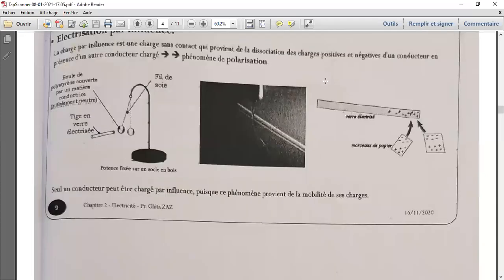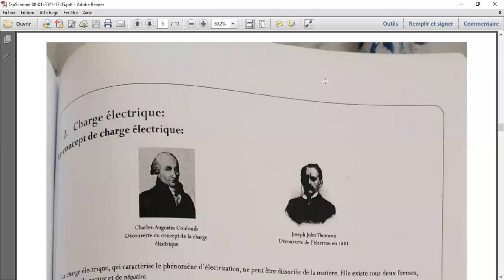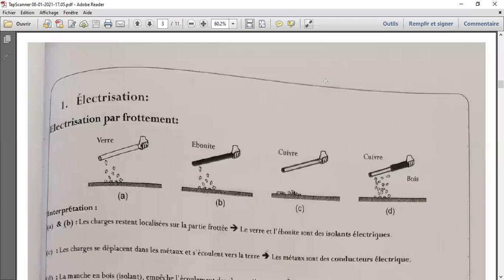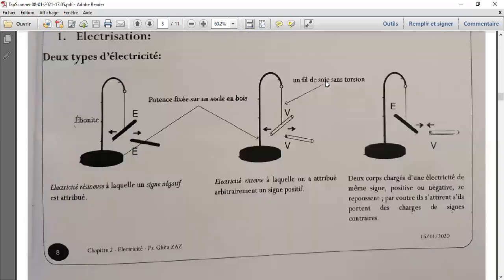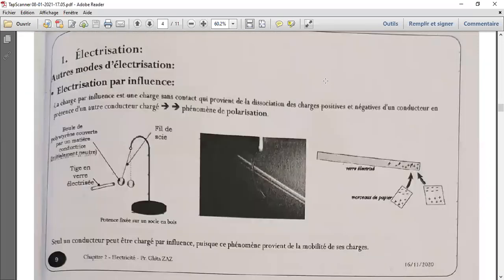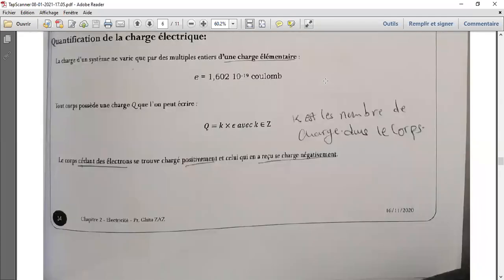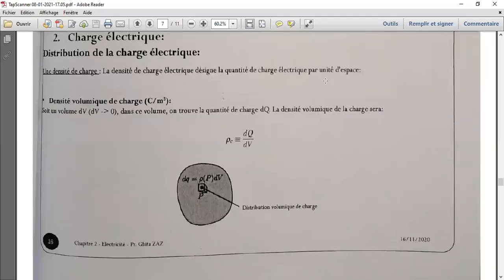We also looked at the distribution of charges. When you have a lot of charges distributed over one region, how do you calculate the density distribution? We looked at different formulas. For the volumetric charge density, we use rho equals dq over dv.